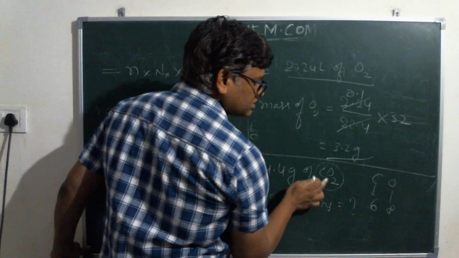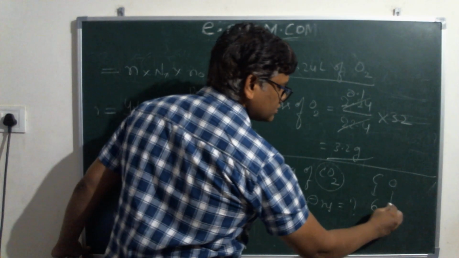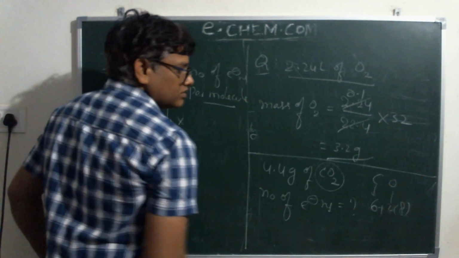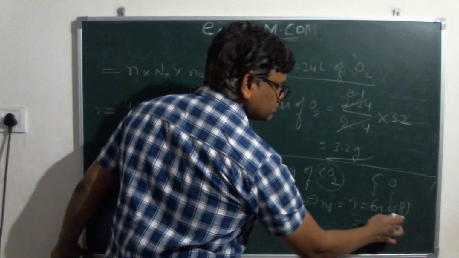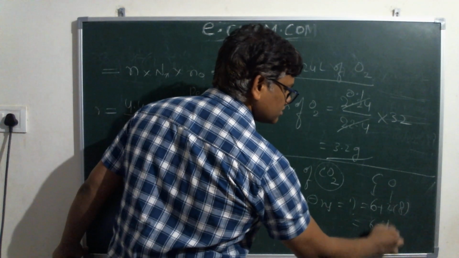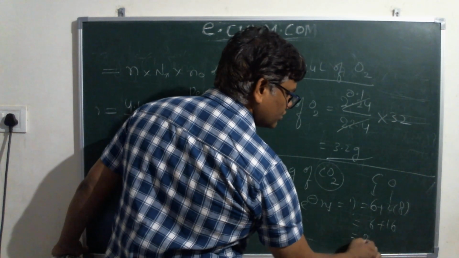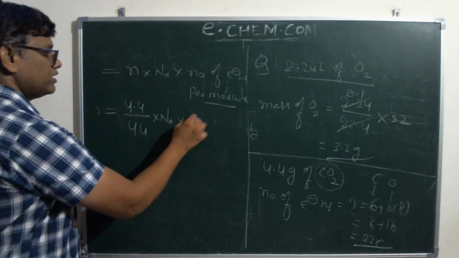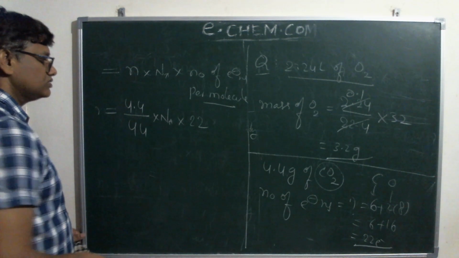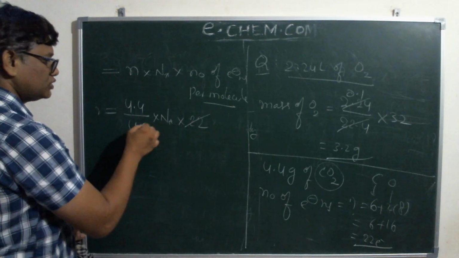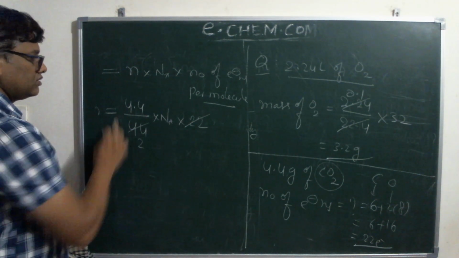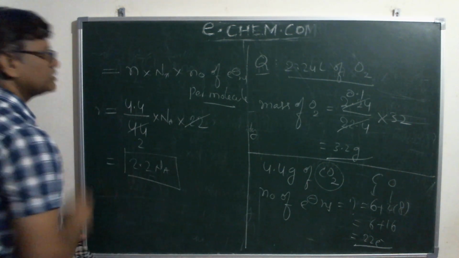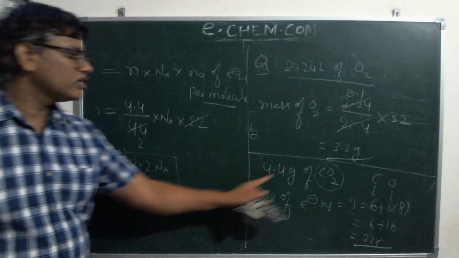How many oxygens are there? 2 oxygens are present here, so 2 into 8. So the total number of electrons is 16 plus 6, that is equal to 22 electrons in one molecule. So I am multiplying by 22. Then we get 2.2 Na. These many electrons are present in 4.4 grams of CO2.